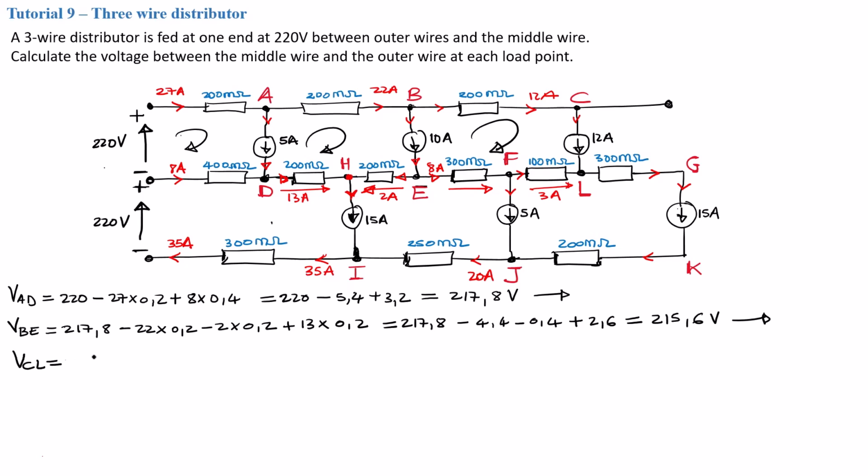VCL here is going to be, and as always our reference point has changed now, so it's going to be 215.6 minus 0.2 times 12, so that's 12 times 0.2, minus, no, it's going to be a plus, so it's going to be plus 3 amps times 0.1, so 3 times 0.1, plus, because this is also flowing in the opposite direction of our loop, it's going to be 8 times 0.3.